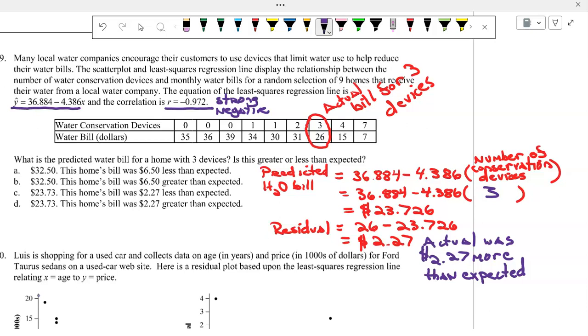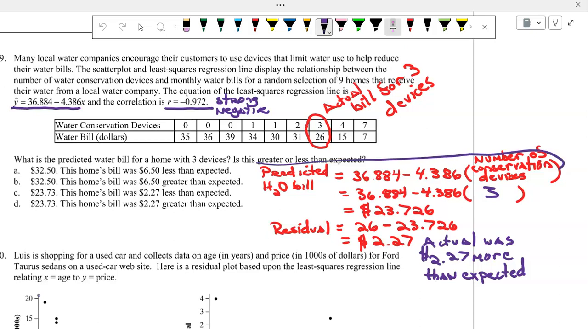All right. So, what is the predicted water bill for a home with 3 devices? Is this greater or less than expected? All right. So to get the predicted, we're going to plug our 3 devices into our prediction equation.